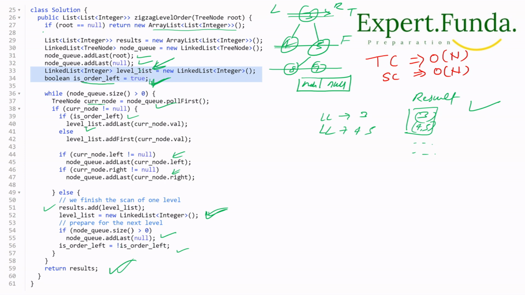So in this case, if we talk about the complexity, the time complexity will remain O of n and the space complexity is also O of n. Why? Because if there are n number of nodes, we will visit each node at least once, only one time we will visit, right.